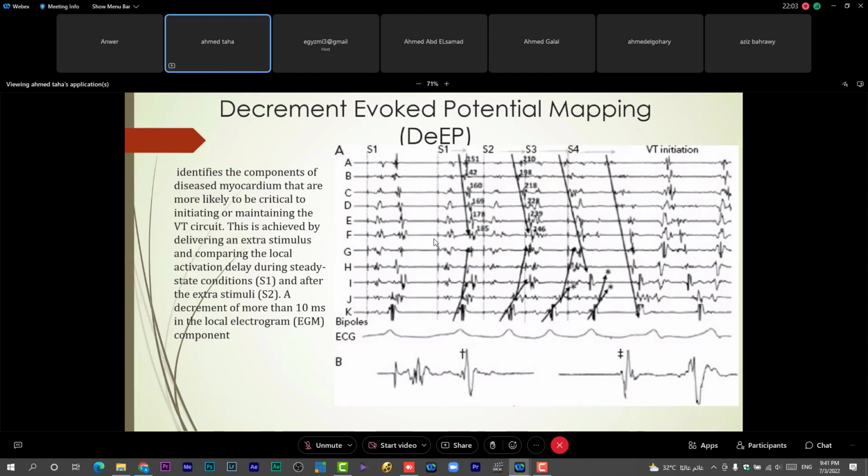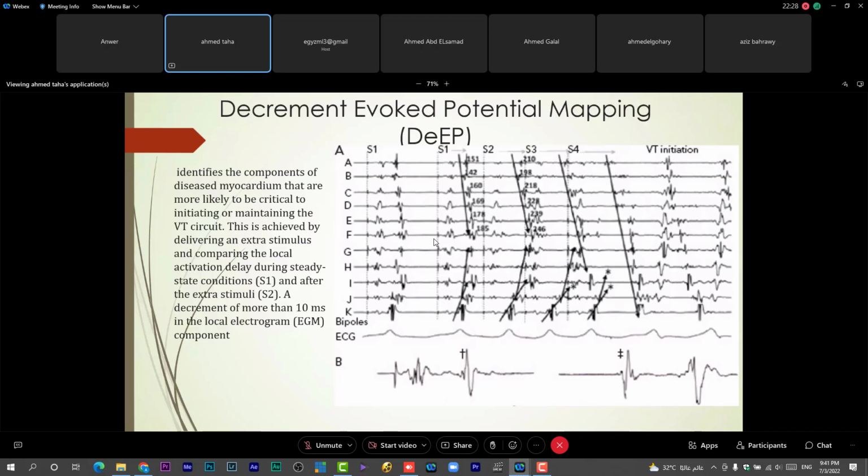Okay, this is a good way to identify the potential that you have got. Is it, for example, a far field or late potential, and you want to know if these potentials are a good substrate for ablation or not significant. You simply identify these potentials, late potentials or fractionated potentials, and do extra stimulation.